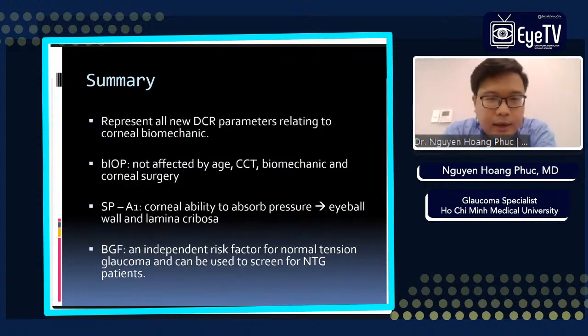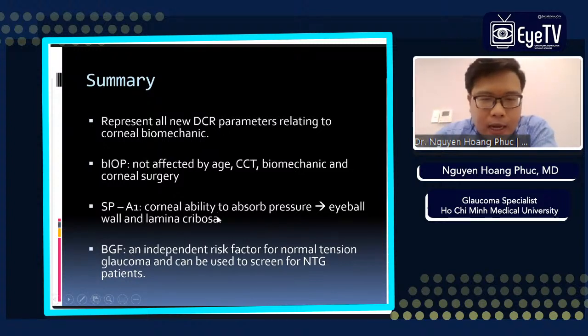In summary, we see that the new machines present all-new parameters, dynamic corneal response parameters relating to corneal biomechanics. In clinical practice, we have three important parameters. The bIOP is not affected by age, by CCT, and by biomechanics of the cornea.